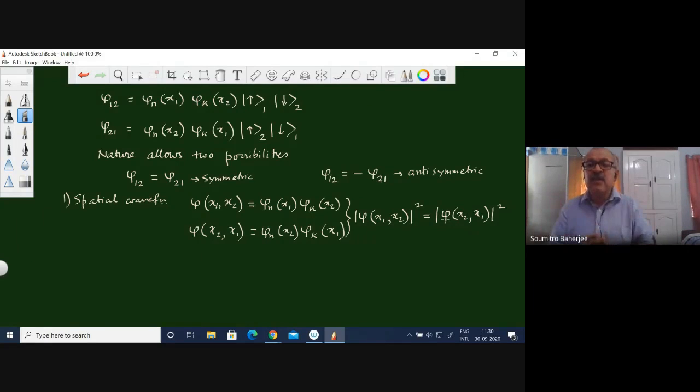So these should be identical. Now again, in this case, there are two possibilities. Psi x1 comma x2 is equal to psi x2 comma x1. This is possibility 1, and the other possibility, psi x1 comma x2 is equal to minus psi x2 comma x1.